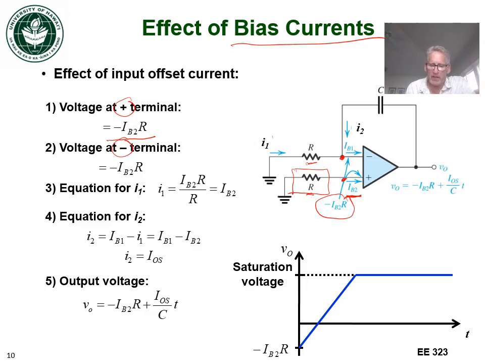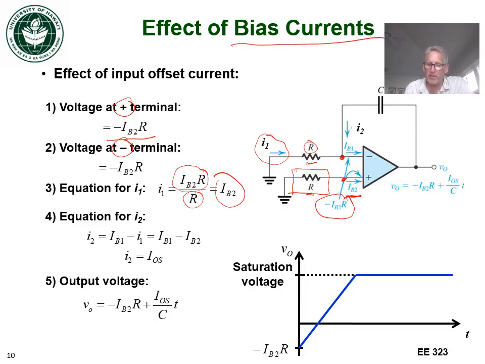Now if we look at the current I1, we could say that that current is the voltage across that resistor divided by the resistance. The voltage is IB2R divided by R. So if those resistors are matched, these R and R, then the current I1 is also equal to IB2.